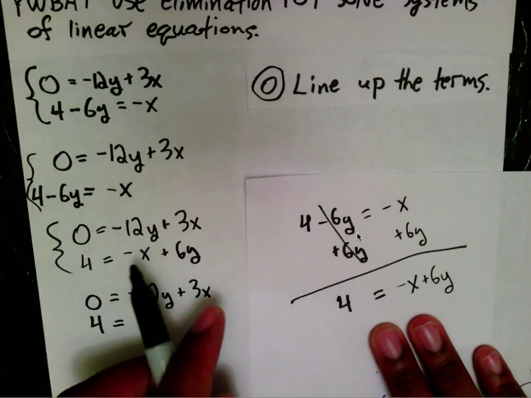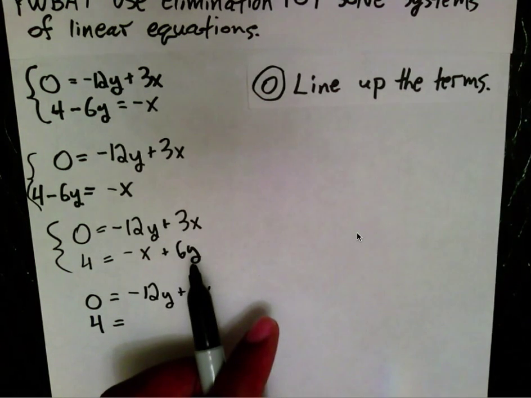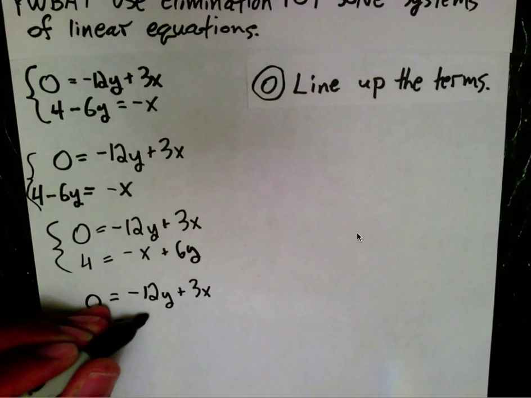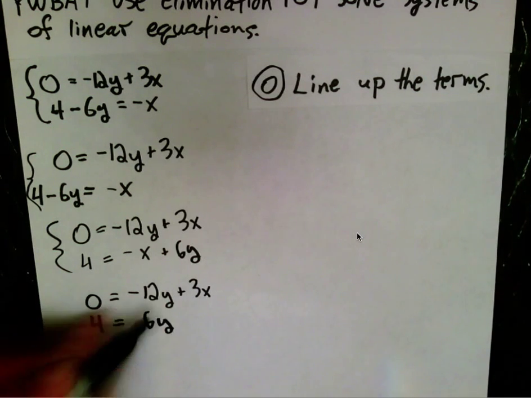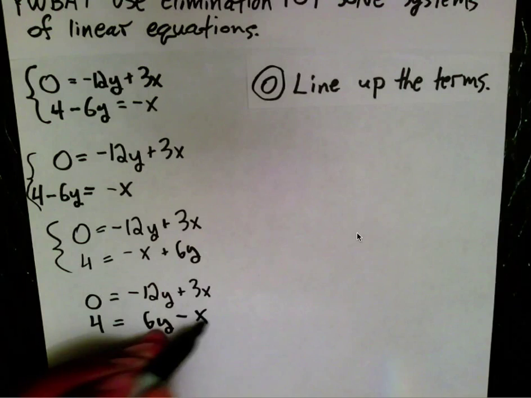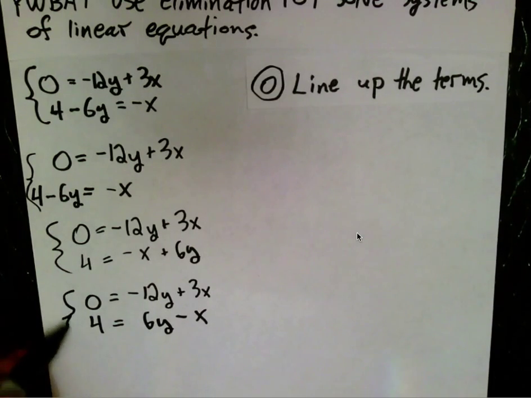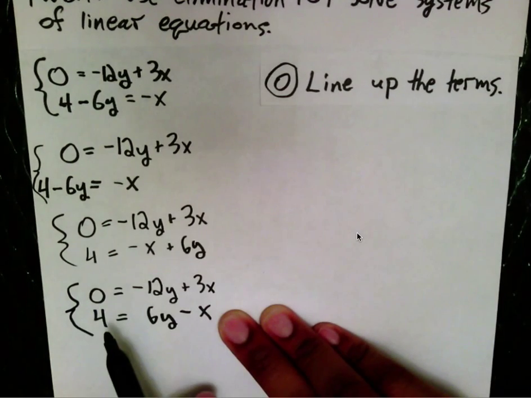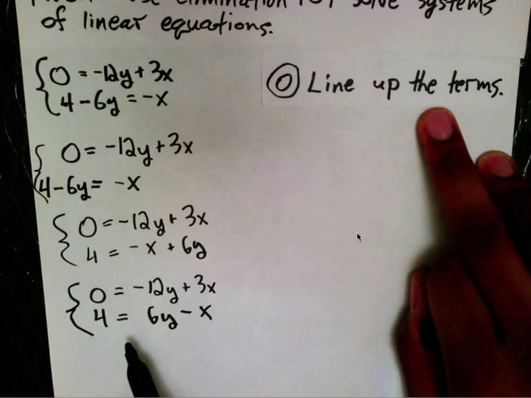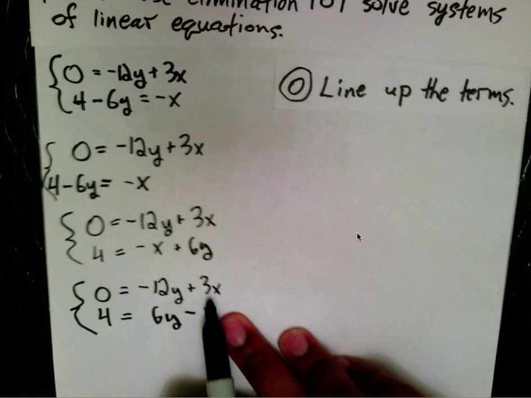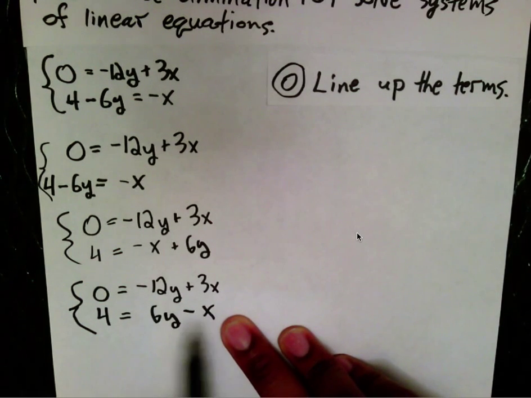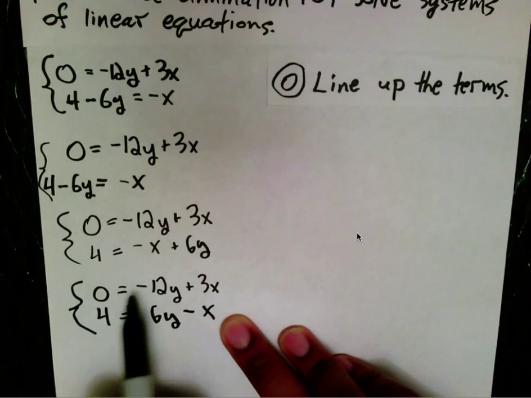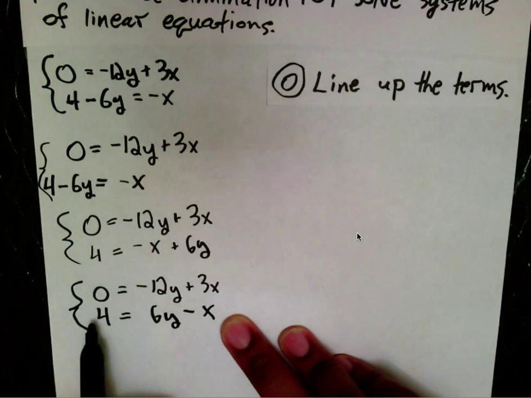So instead of saying negative x plus 6y, I'm going to say positive 6y minus x. And finally, after like 3 steps, I lined up my terms. I have my x's lined up, I have my y's lined up, and I have my constants lined up.